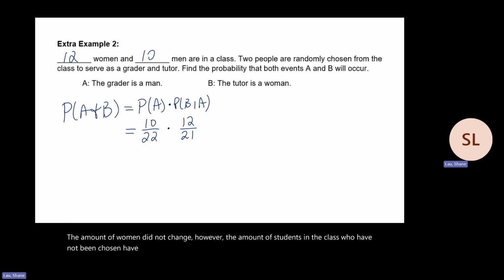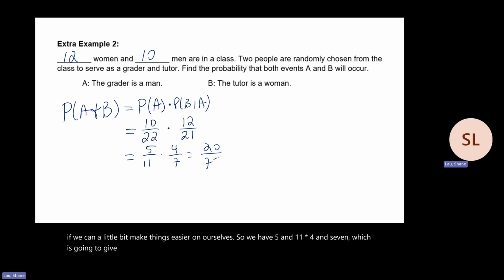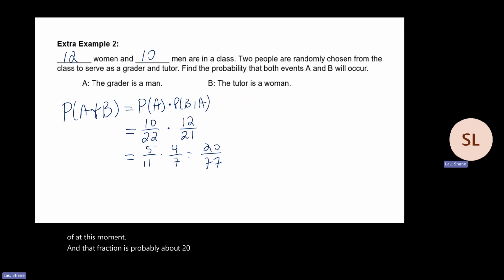Okay, and so we're going to roll with this. I'm trying to see if we can simplify. We can a little bit, make things easier on ourselves. So we get 5 over 11 times 4 over 7, which is going to give us 20 over 77, which is definitely not reducible by any number that I can think of at this moment. And that fraction is probably about 26% or something like that.